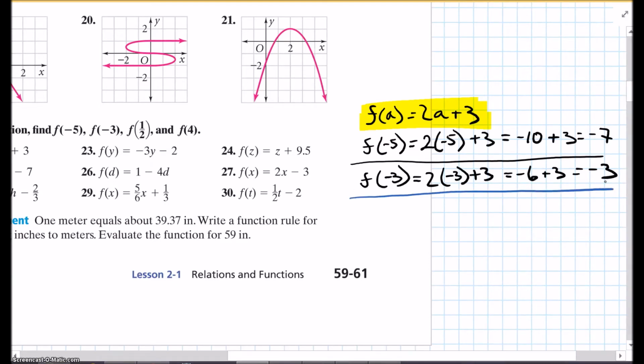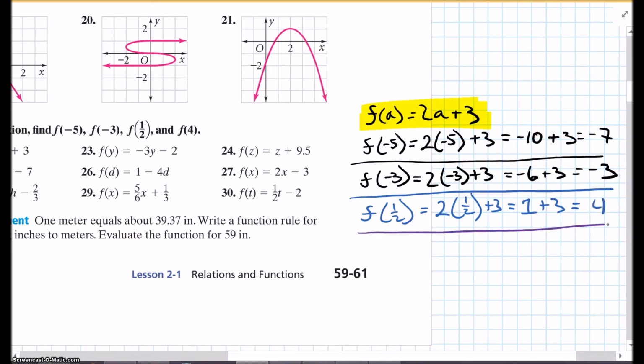All right, f of 1/2 would just be 2 times 1/2 plus 3, which would be 1 plus 3, which would be 4. Okay, last one, f of 4. So it'd be 2 times 4 plus 3, which would be 8 plus 3, which would be 11. So that's number 22.